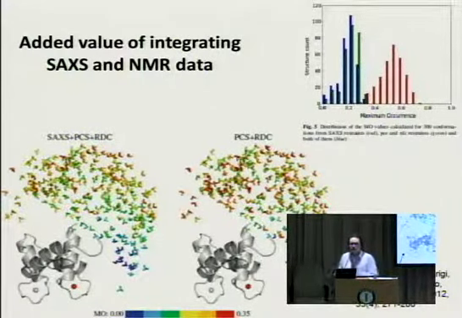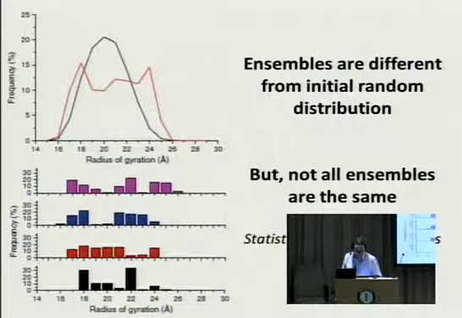And since yesterday we discussed radii of gyration, it's also interesting to have a look at this. The black curve is the distribution of radii of gyration in the randomly generated example, and it's bell-shaped, which is what you expect for a random distribution with this fixed linker. And then the red curve is computed from the ensembles, from the, I think, 300 ensembles that we generated that equally well fit the data.